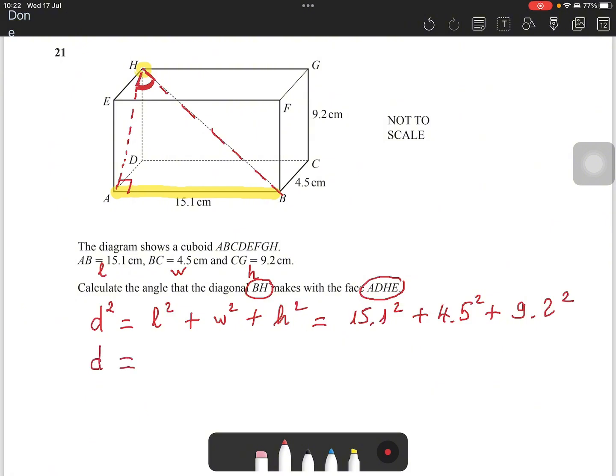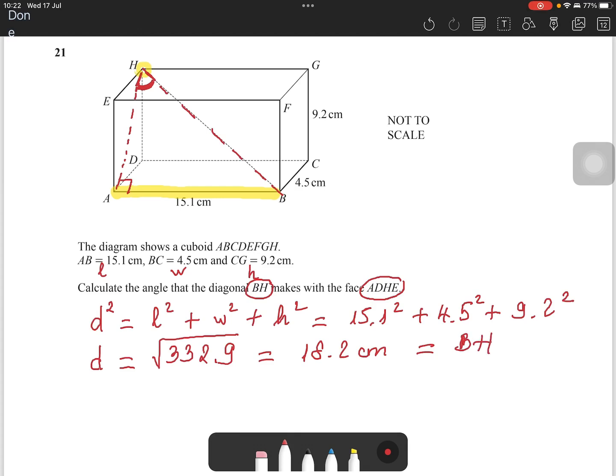So D is equal to the square root of that sum, which is the square root of 332.9, which is 18.2 centimeters. This is BH.